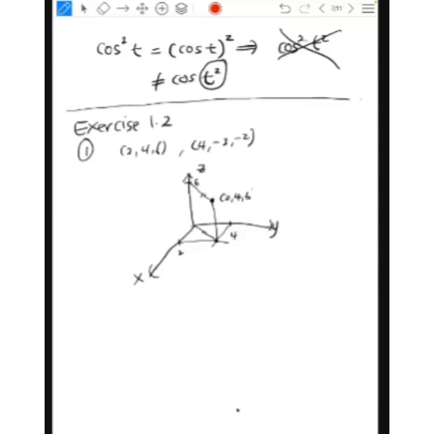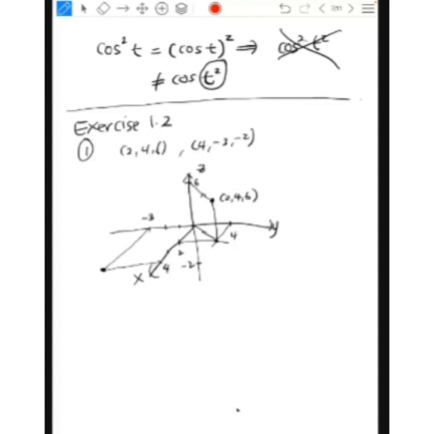For the second point, on the same coordinate system, let's say this is 4, and then -3. -3 is negative y, which means it is on your left hand side. So 1, 2, 3, this is -3. And -2 is on the z-axis, so let's say this is -2. Again, you draw a line parallel to y and another line parallel to x.